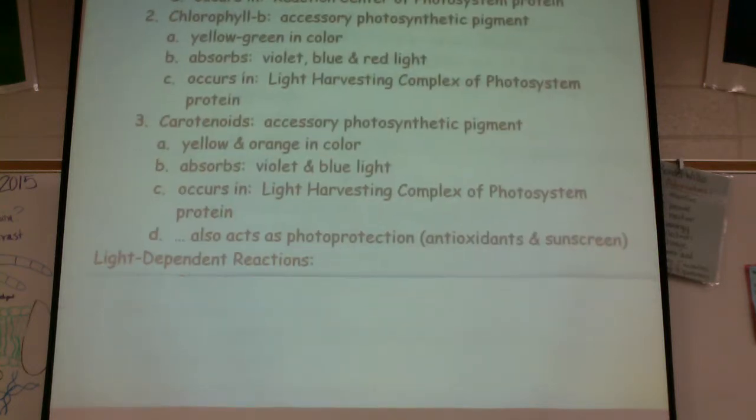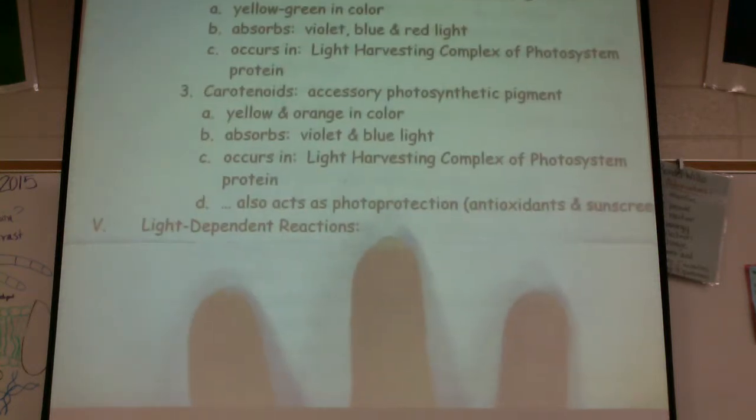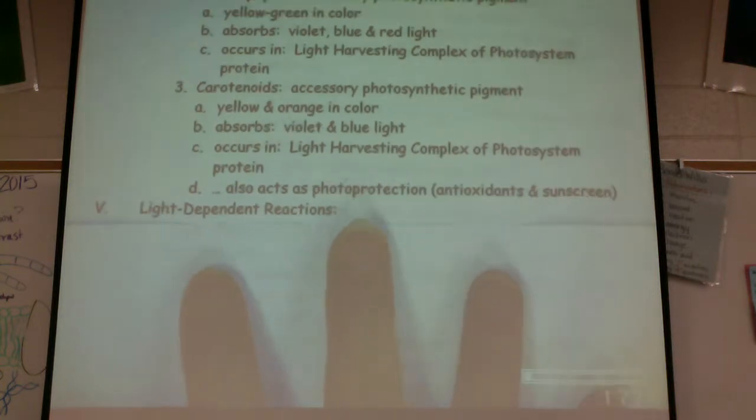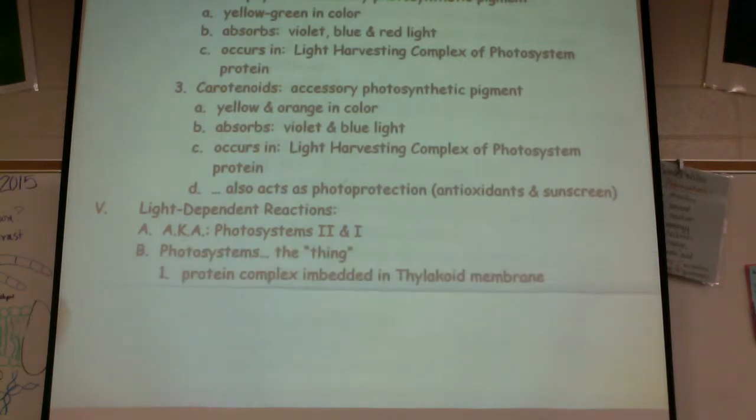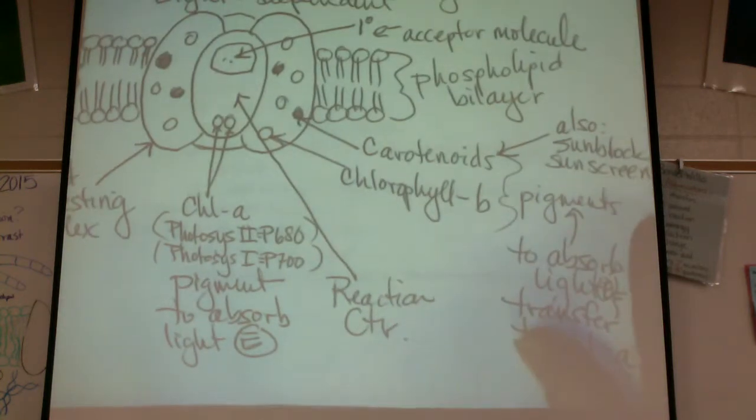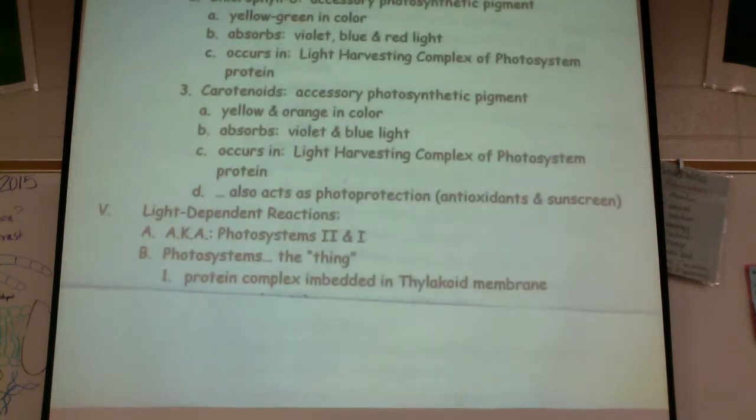All right. So, light-dependent reactions, let's look in detail, because of course I know you want to go there, okay? So, light-dependent reactions are also known as photosystem 2 and photosystem 1. They're photosystems, the thing, that's the protein complex that's in that thylakoid membrane. That's the stuff that you drew, okay?